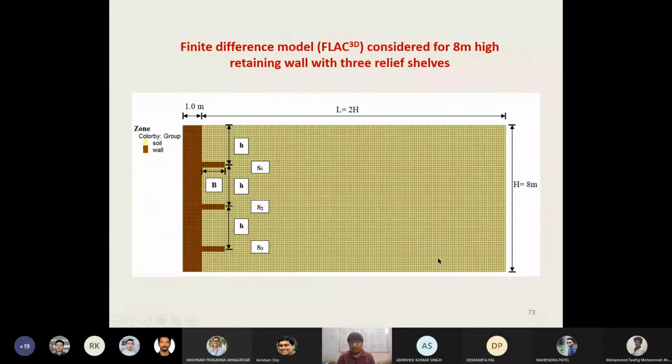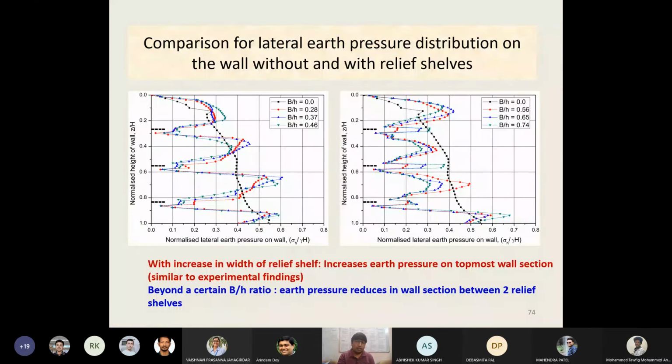So we thought that we would introduce one more additional relief shelf. At the given position, we just kept on increasing the width of the relief shelf, and the findings are there for you to see. So with a smaller width of relief shelf in the nearby location, we could witness the reduction in lateral earth pressure. However, here you can see an increase in the earth pressure as well.